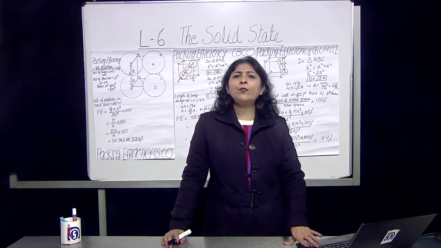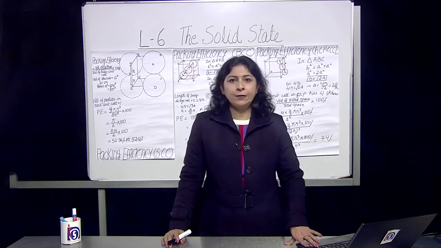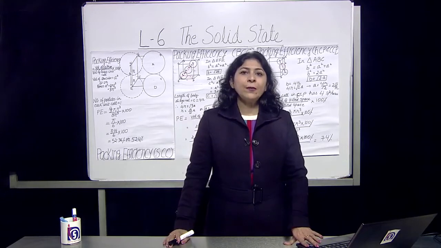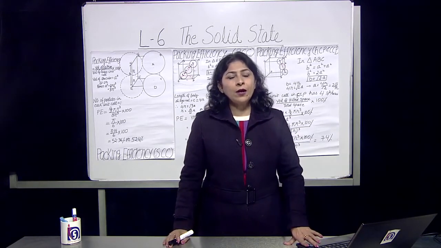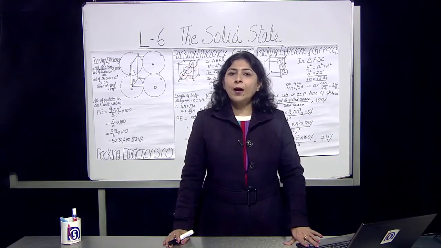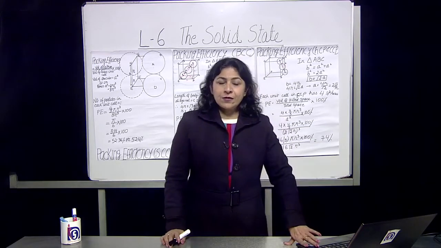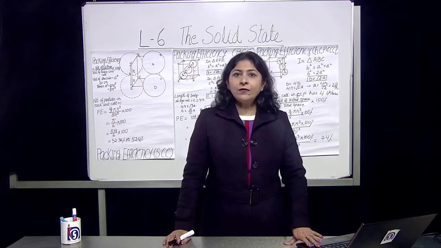So, only at one point you will find this deficiency. Line defects, as the name suggests, are the irregularities or deviations from ideal arrangement in entire rows of the lattice points.